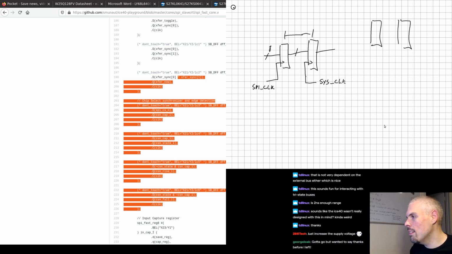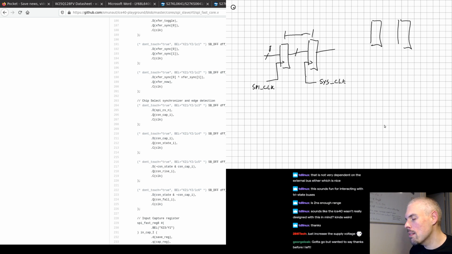And that's because the IO registers don't have some of the features that the internal registers have. And so there was just no way for me to use the IO registers, which means I had to take the data from the IO through the fabric and register them inside the FPGA, right?